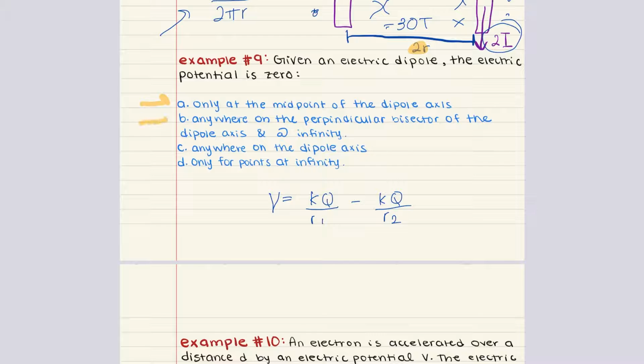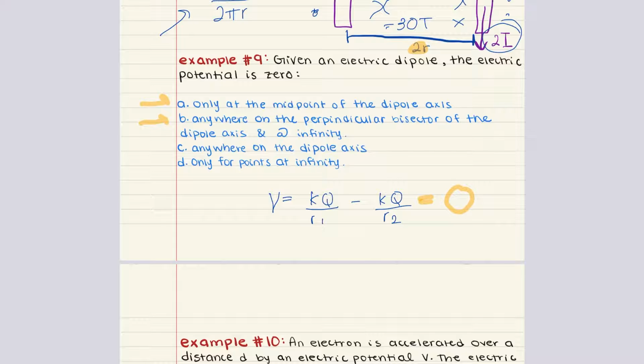B says anywhere on the perpendicular bisector of the dipole axis and at infinity. Now, on the perpendicular bisector of the dipole, the distances from the point to both charges are equal. Therefore, the contributions to the potential from both charges will cancel each other out, so mathematically this is going to be equal to zero.